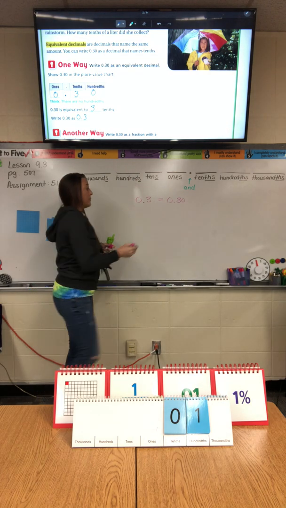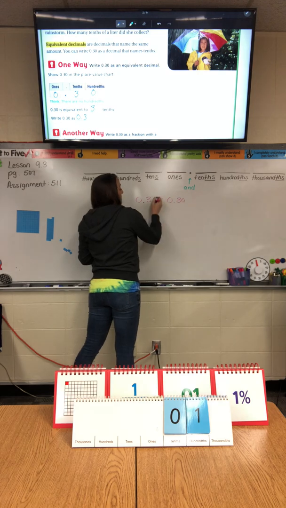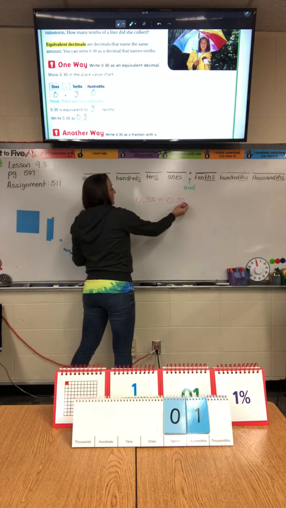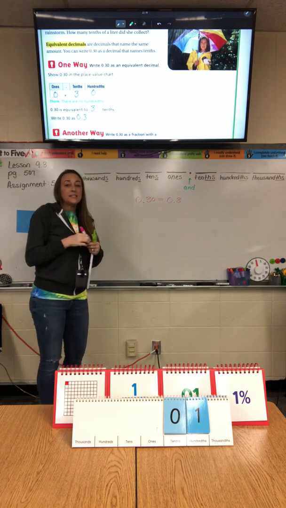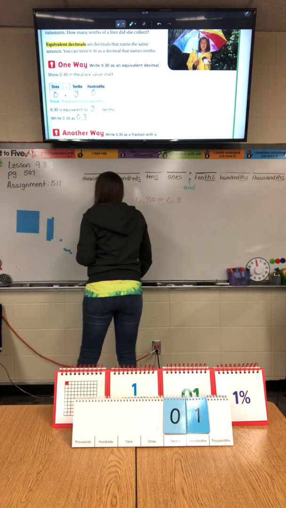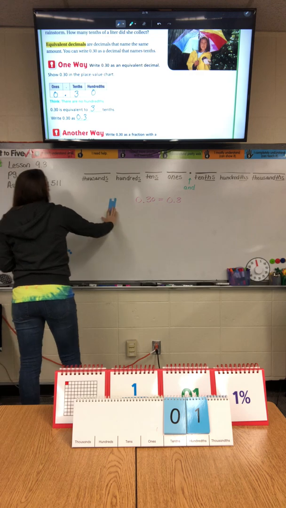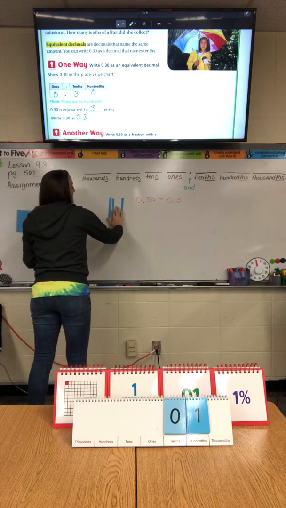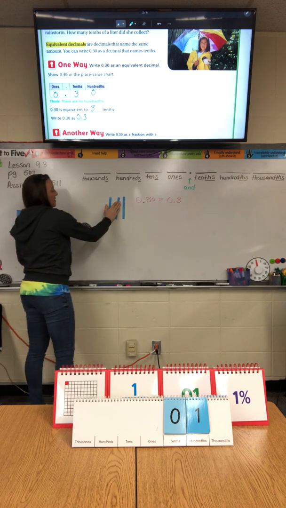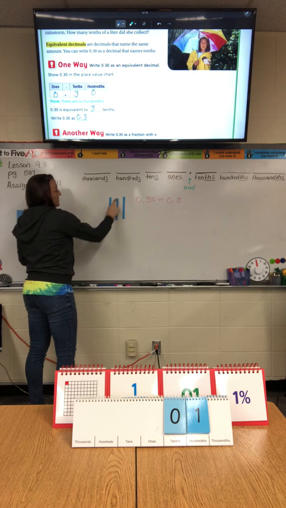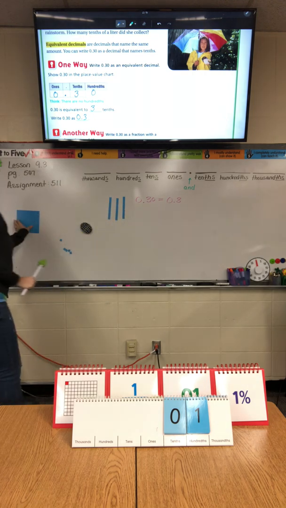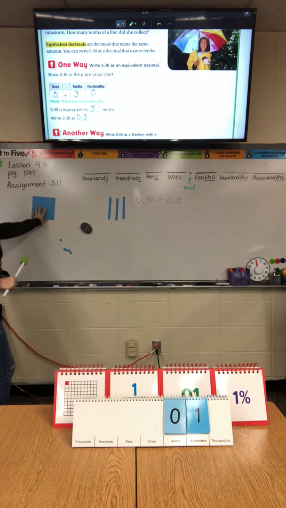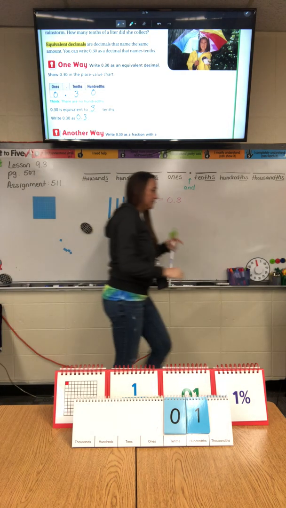If you do it to the top and bottom, you can add a 0 here or take a 0 away here. So 3/10 and 30 hundredths are the same because if we look at this, that's 3/10, right? But if we count them out individually, there's 30 out of the whole, which is 100.